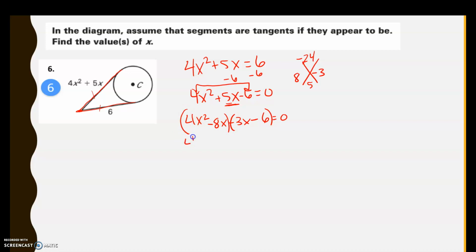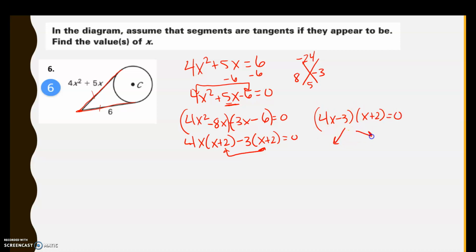That would be a 4x, and it leaves me with x plus 2. For this guy over here, I can pull out a negative 3, and that leaves me with x plus 2. I want my inside guys to be the same, which they are. So my binomials are going to be 4x minus 3 and x plus 2 is equal to 0.